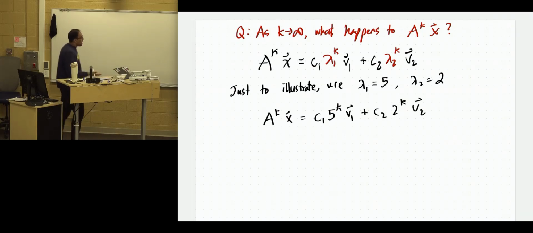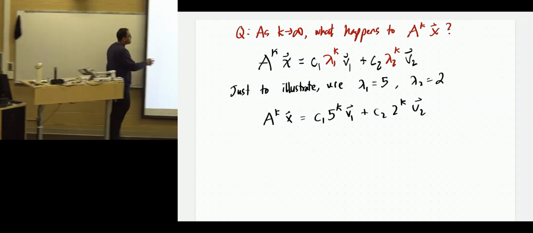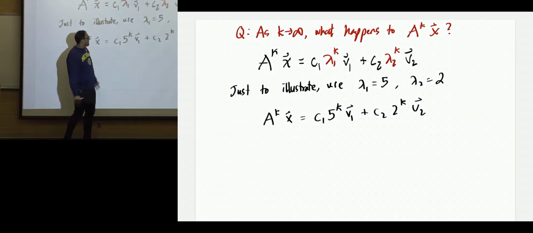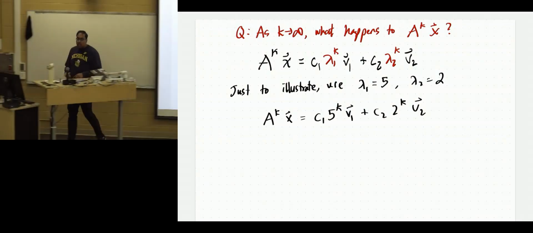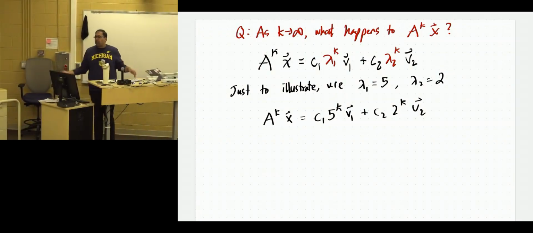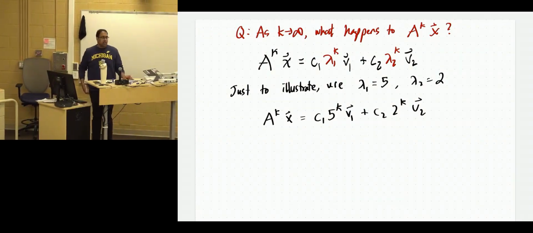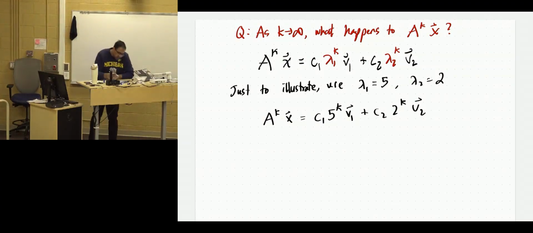And indeed, the answer is that the 5 to the k piece is way bigger than the 2 to the k piece. How might I see that? Well, one thing I can do is divide both sides of this expression by 5 to the power of k. What happens when I do that?